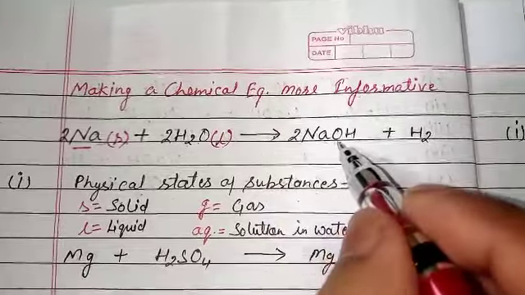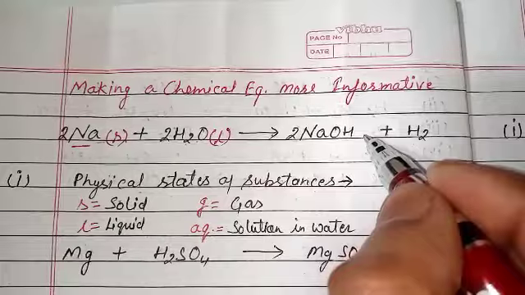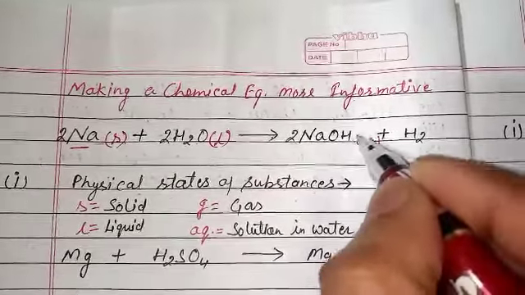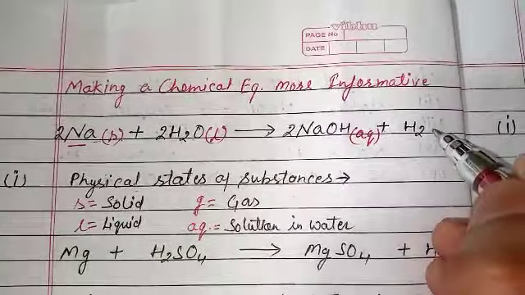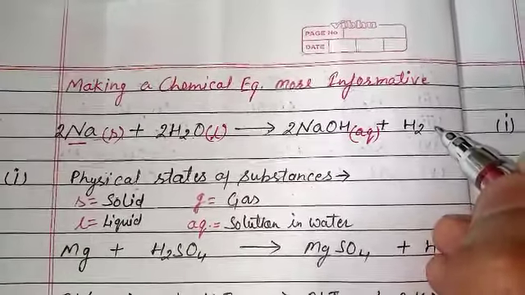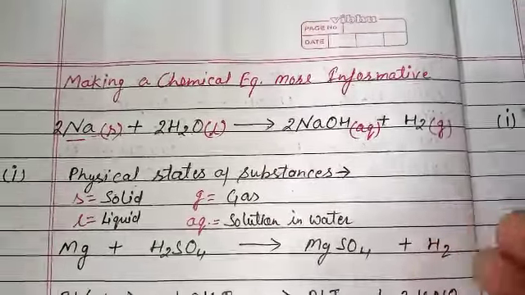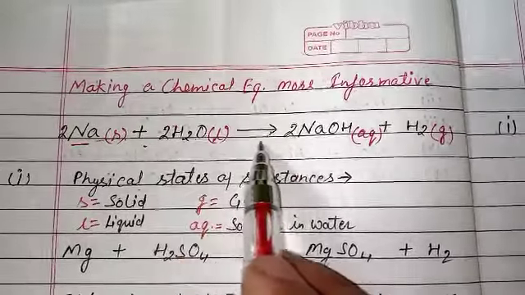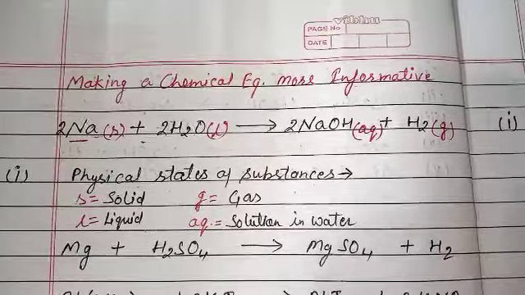In this reaction, the sodium hydroxide is formed in the form of an aqueous solution, meaning a solution in water, so we will write AQ after the sodium hydroxide, and the hydrogen is evolved as a gas, so we will write G here. Clear? So in this way we can make the chemical equation more and more informative.